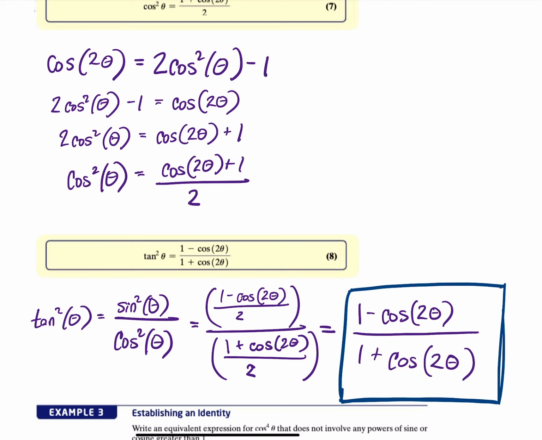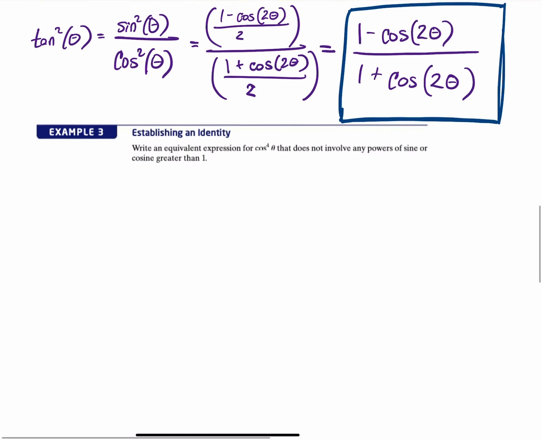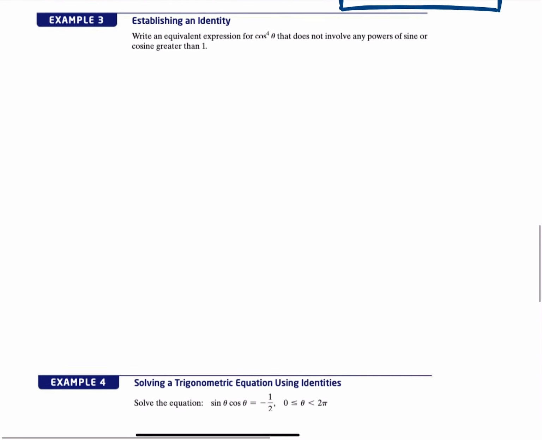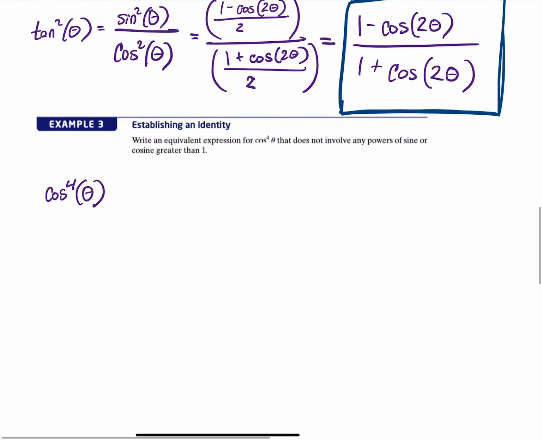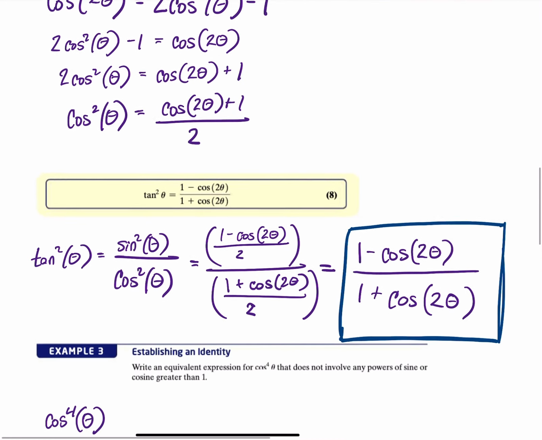So let's see how we can use these with a couple examples here. Example 3 says to write an equivalent expression for the cosine of 4 theta that does not involve any powers of sine or cosine greater than 1. Well, we just saw that we have this expression for the cosine squared.